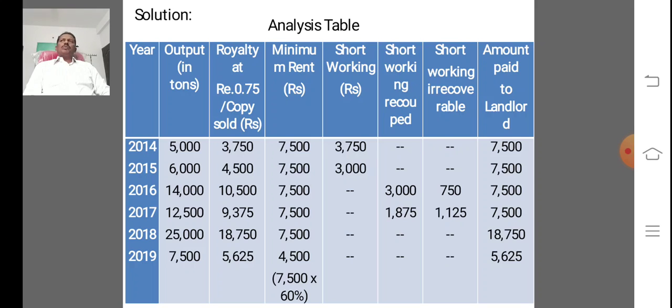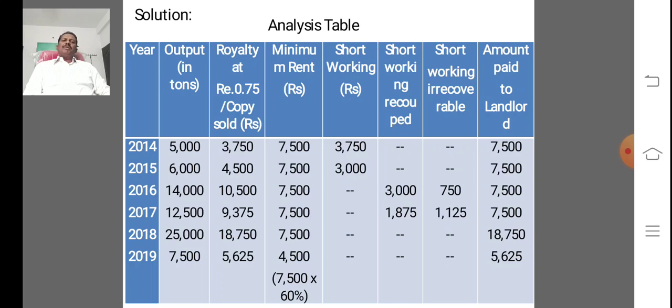In 2014 the total short workings were 3,750. Out of 3,750 we only recover 3,000 because time is over. The remaining 750 is not recoverable and is transferred to the P&L account. 7,500 is the amount paid to landlord.